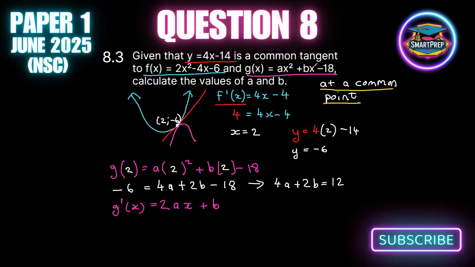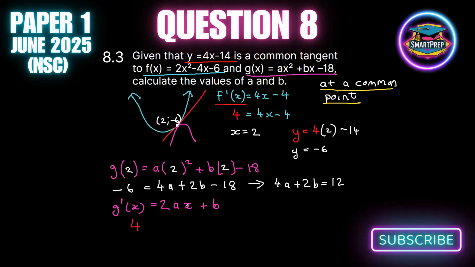The derivative of bx, remember, anything with an x, the derivative is just the value in front of the x. Okay, but we know some things, right? We know that the slope is the same. So we know that that slope is 4, from the tangent. So that we can put in as 4.